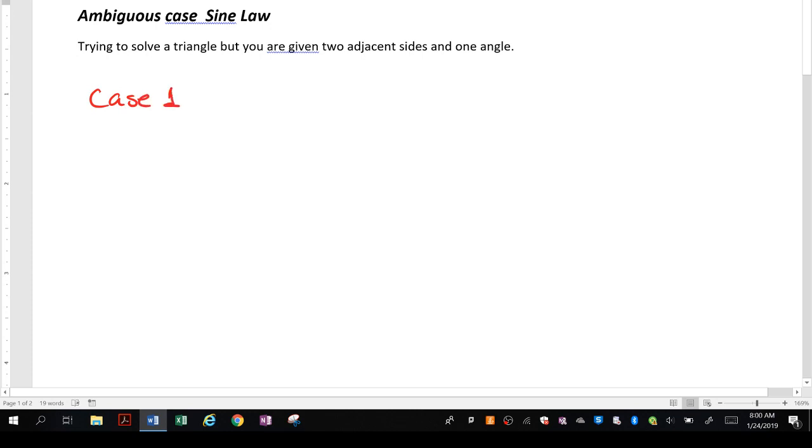So case one, this is just a regular triangle. Suppose you are given that side A is 12, side B is 10, and angle A is 30 degrees. If we draw our triangle here, this is A, this is our 30-degree angle.